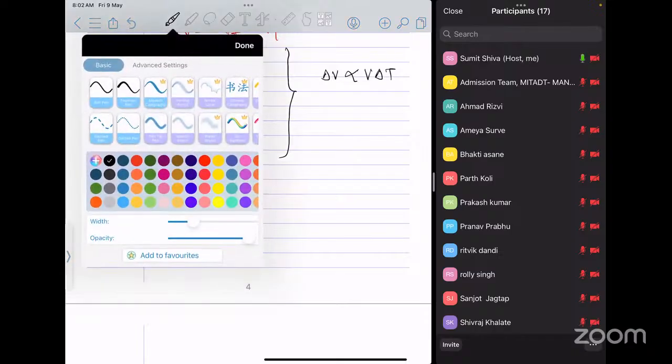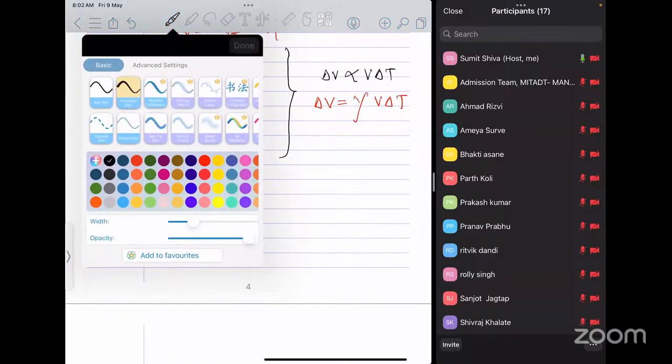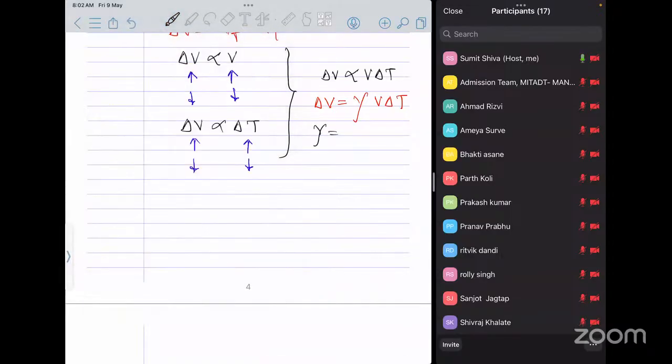And on removing the proportionality, we have a constant. And this time constant is gamma, so delta V equals gamma V delta T. And in this case, gamma is a proportionality constant which is known as coefficient of volume expansion.